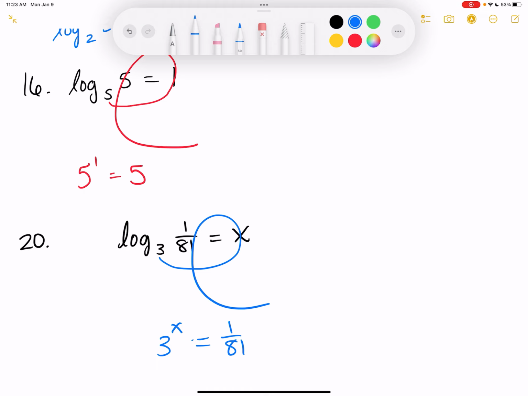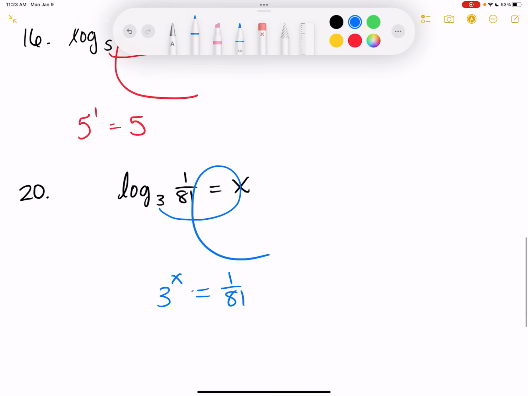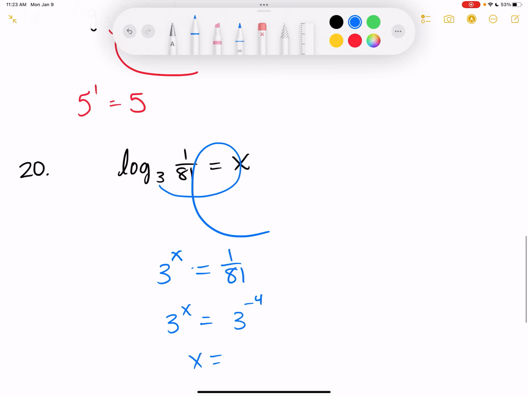Or, well, how many times do I multiply 3 to get 9? 2. So 3 times 3 is 9, and 3 times 3 is 9. So 4. It's on the bottom, though, so I would need to rewrite this as 3 to the negative 4. Once the bases are the same, you have x is equal to negative 4.